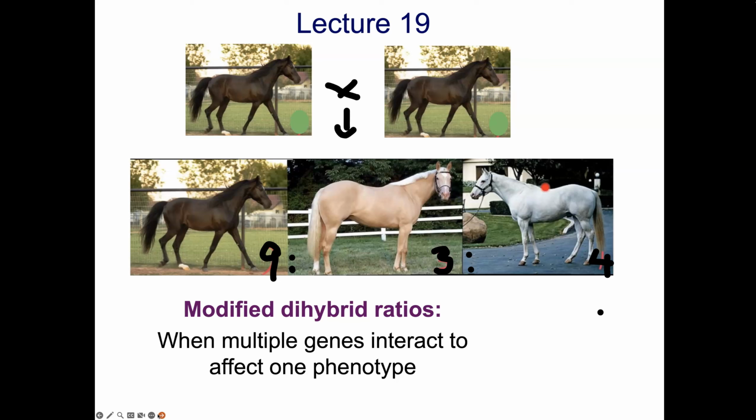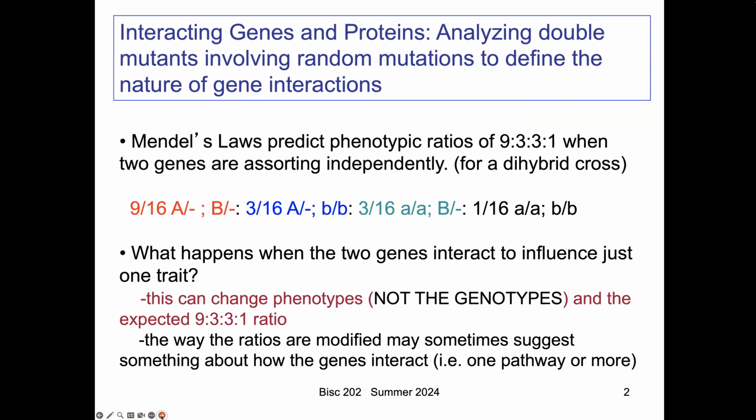Sometimes there will be 9:3:3:1 ratios that are just all different variations of the same phenotype, but sometimes there will be interactions, things like epistasis, when being homozygous or heterozygous for a certain genotype means we can't actually see what the genotype is doing at the other locus, and things like that. So we're going to look at lots of different ways multiple genes interact.